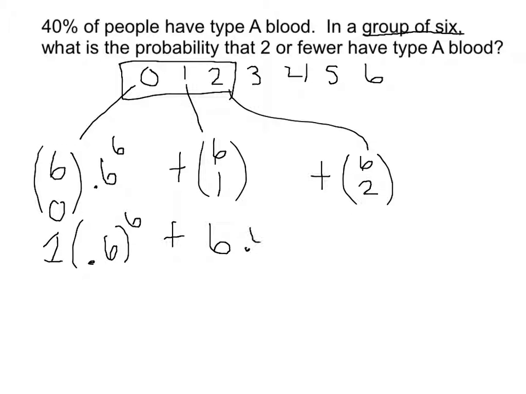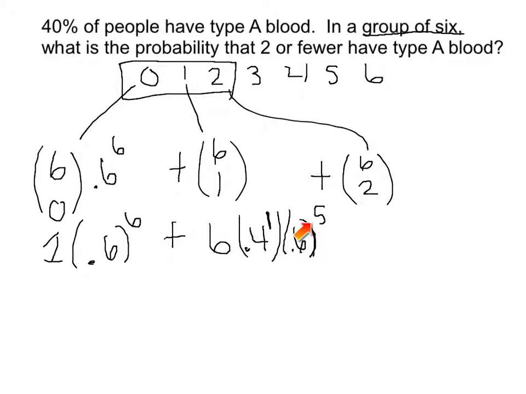So the 0.4 is going to be to the first power, that's the one person with type A blood. And the 0.6 is going to be to the 5th power, that's the 5 that don't have type A blood. And you'll want to look right here and right here, these two numbers are always going to add up to the 6 people in the group. One person with type A, 5 people that don't have type A.